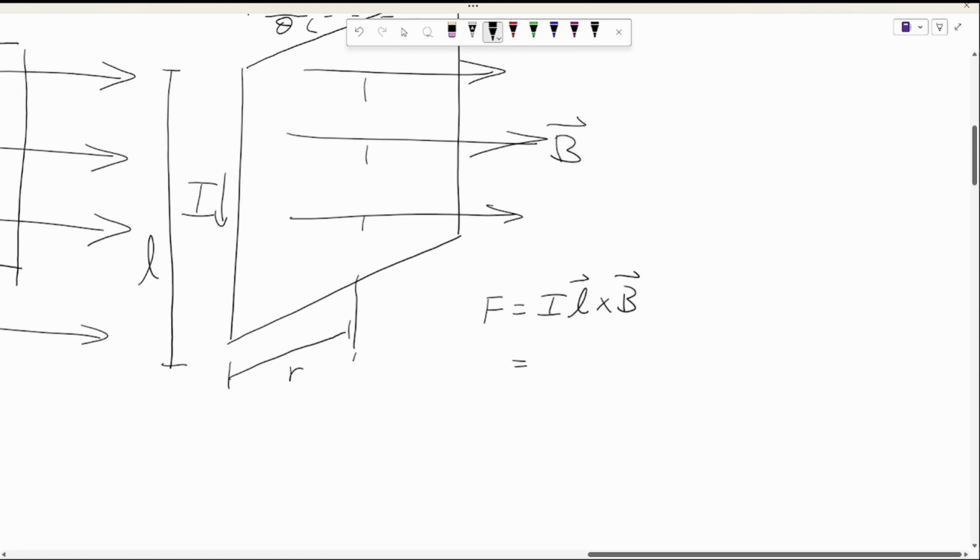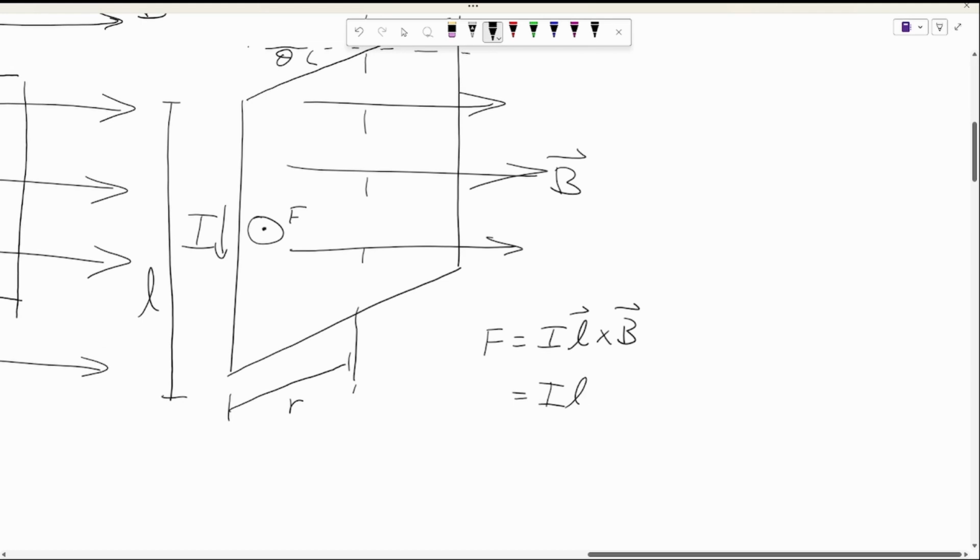And if you use the right-hand rule, point your index finger with I downwards, middle finger to the right with B, your thumb should point out of the page. So the force on this left part of the wire is exactly out of the page. And the exact amount of the force is ILB.